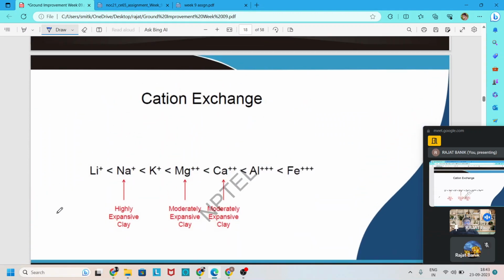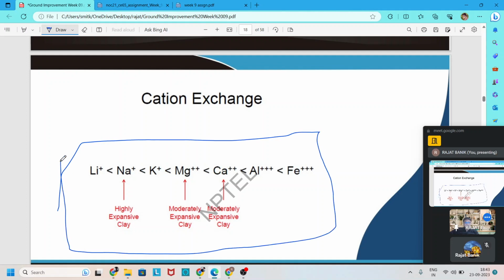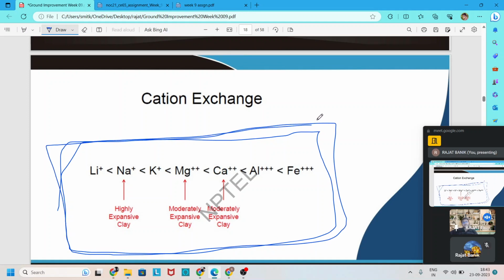So here, in this ascending or descending order, it is given through its chemical reaction or cation exchange.